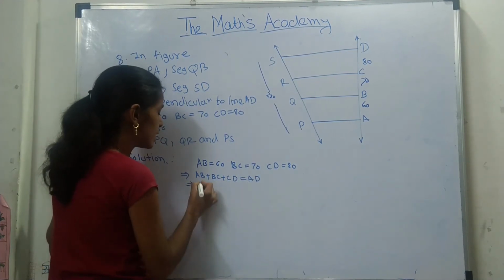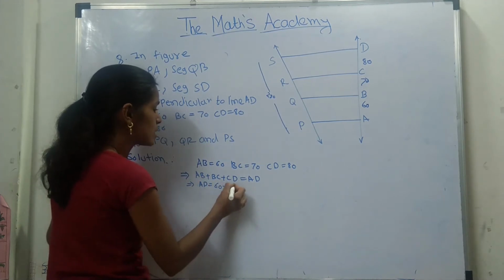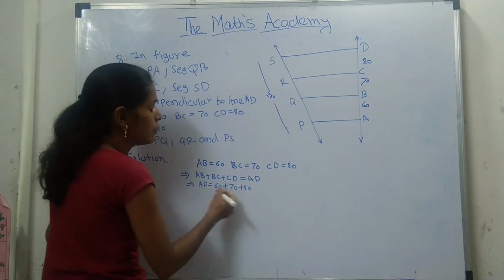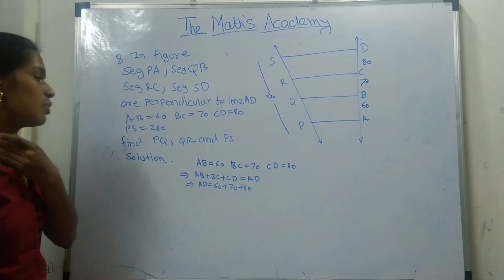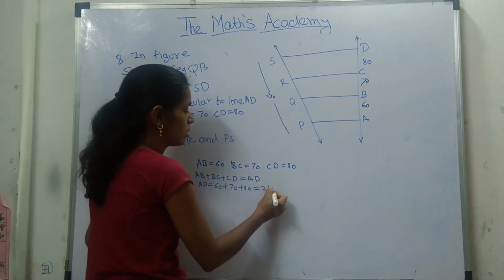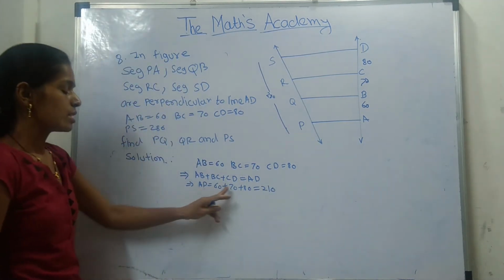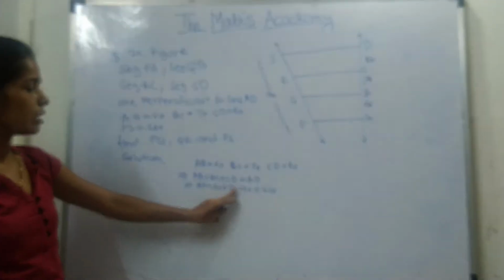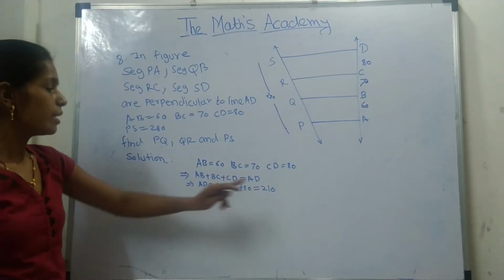So AD is equal to 60 plus 70 plus 80. If you add 60, 70, 80, you will get 210. 60 plus 70 is 130, 130 plus 80 means 210.